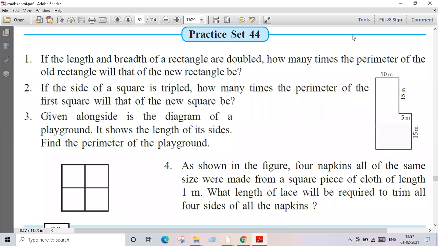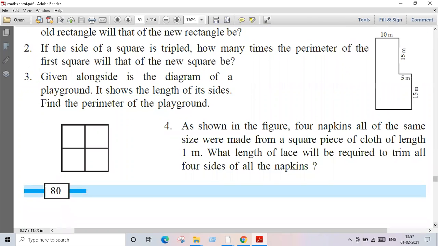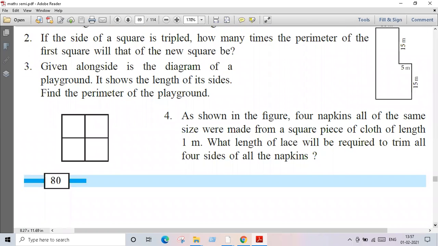Question number 2. If the side of a square is tripled, how many times the perimeter of the first square will be that of the new square? बघा इथे मी तुमचा आन्सर थोडा इथे लिहिण्याचा प्रयत्न करतो. Side of the square is tripled.